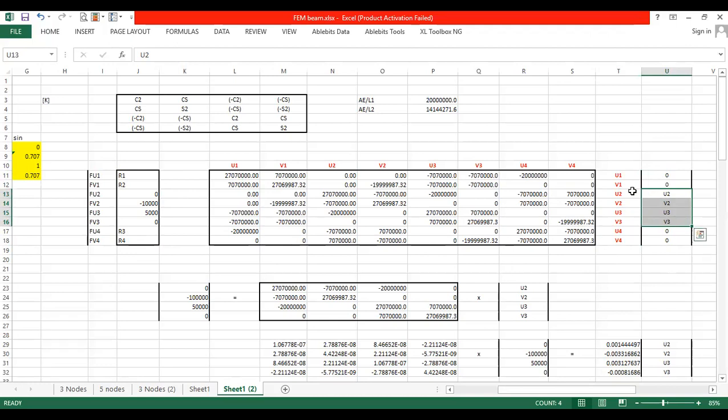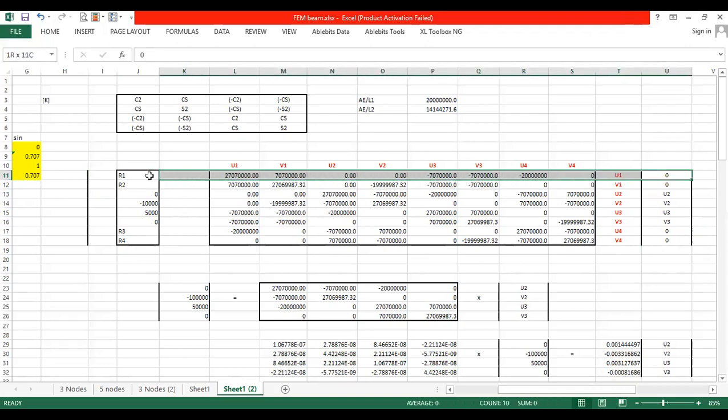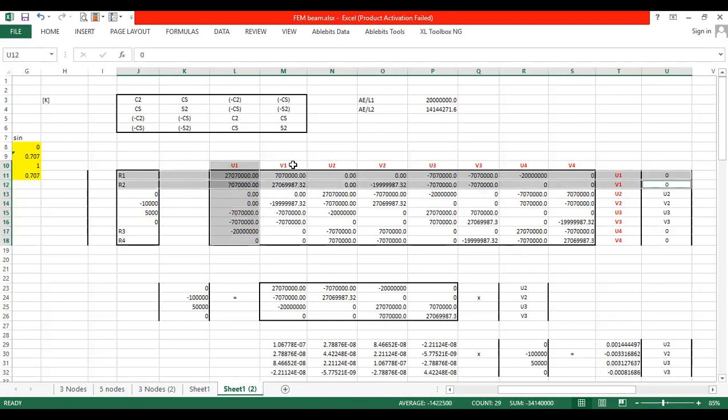you have to close these things, right? It's confusing. So whatever the displacements are 0, you can cancel that row and column. U1 is 0, so that means you need to cancel that row and U1 column. V1 is 0, so you have to cancel that row and that column.